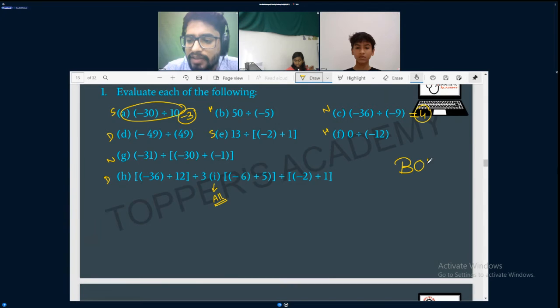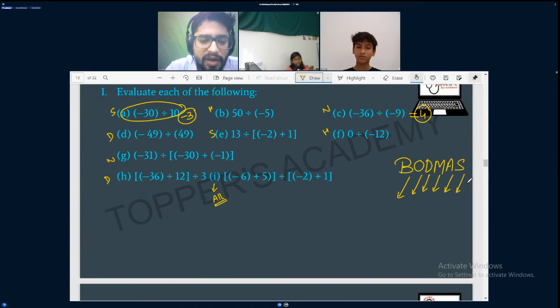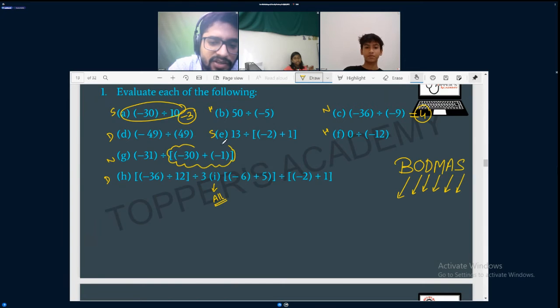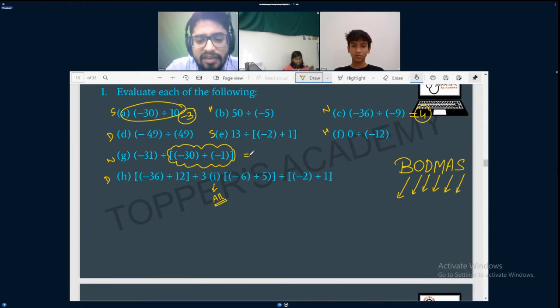Everyone, you have to apply BODMAS: bracket, of, division, multiplication, addition and subtraction. When you apply the BODMAS rule, you first solve the bracket. That bracket is minus 30 plus minus 1, which is minus 31. And minus 31 divided by minus 31 is 1.